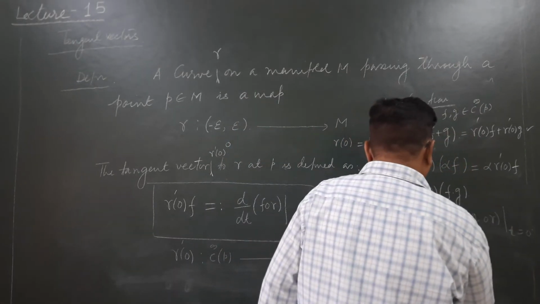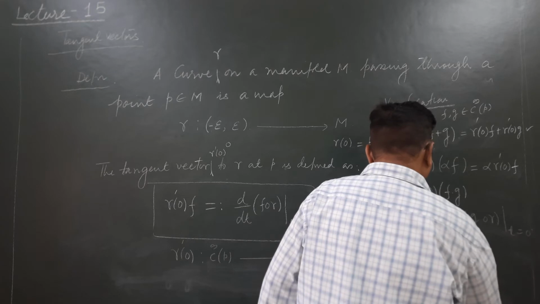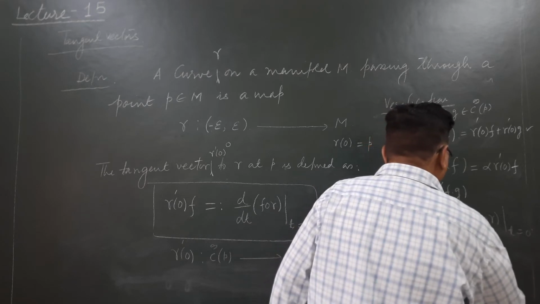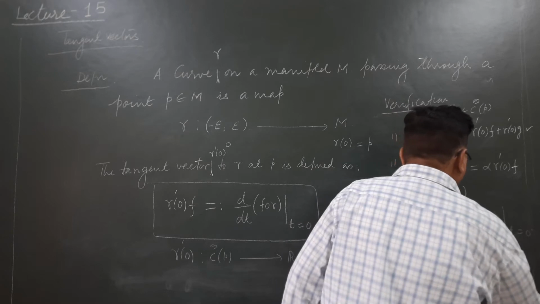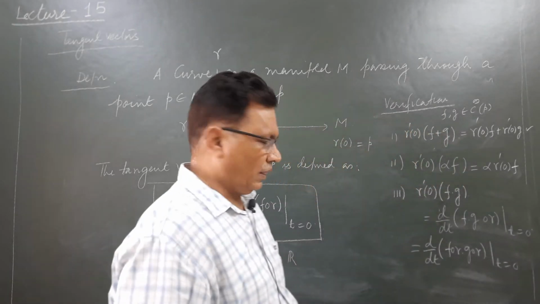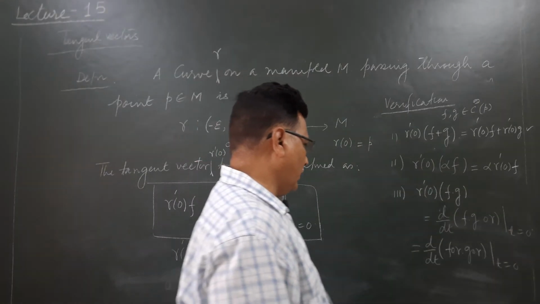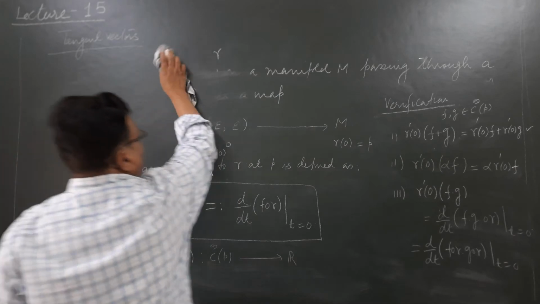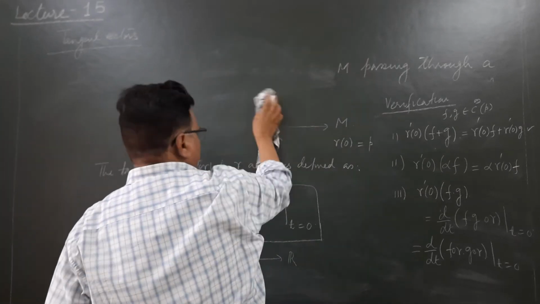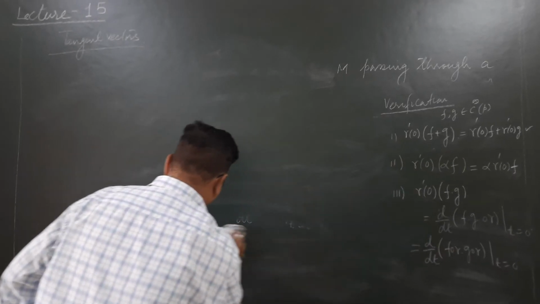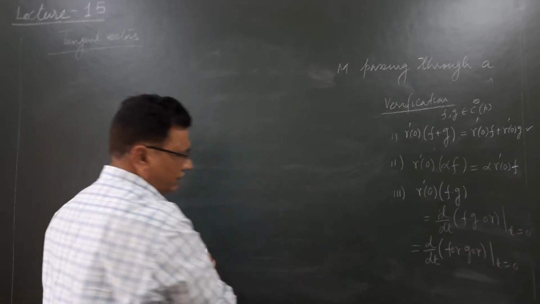And that is easy to see. It is f composition gamma into g composition gamma at t equal to 0. Okay? And now dy dt we know satisfies the Leibniz property. It's a map on functions of R and it satisfies the Leibniz property.